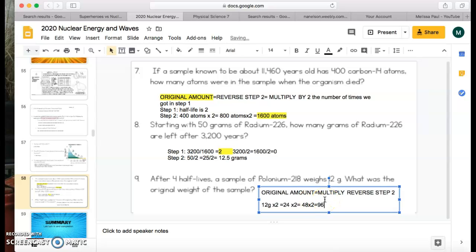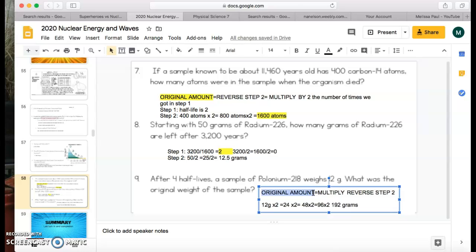And we're going to multiply that 1 more time for our 4th half-life, giving us 192 grams. Okay? So we did 1 half-life, 2 half-lives, 3 half-lives, 4 half-lives. And the only reason we multiplied was because we are finding the original amount.